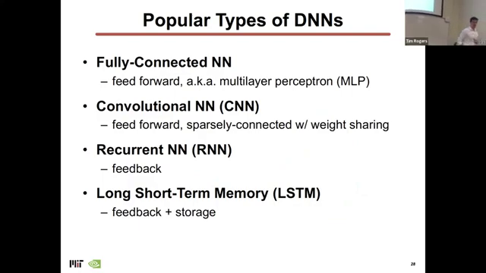The most popular types, and the ones that we'll look at at least in some detail, are here. So fully connected is feed forward, meaning there's no feedback. And it's a multi-layer perceptron, meaning that you've got this sort of single layer that you have full connections on both sides.